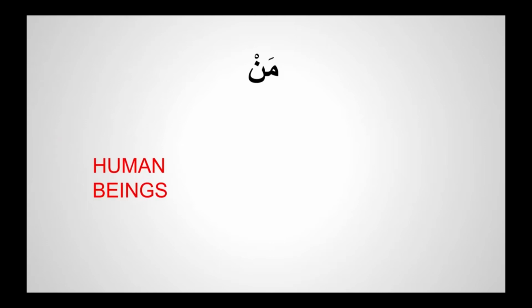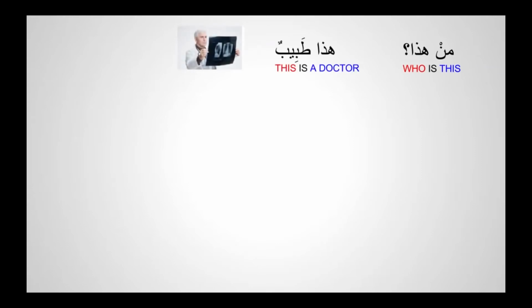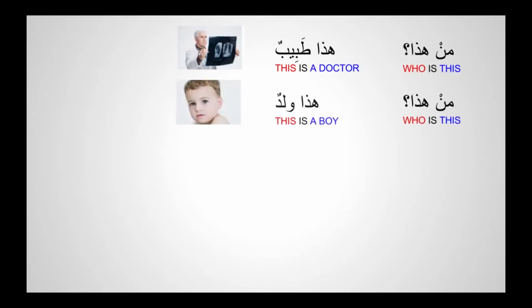So how do we use man to ask questions about human beings? So if you see here, say man hada, who is this? So we say hada tabibun, this is a doctor. So man hada, hada waladun.